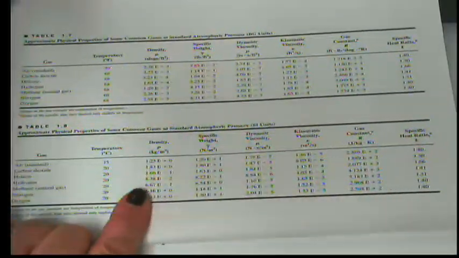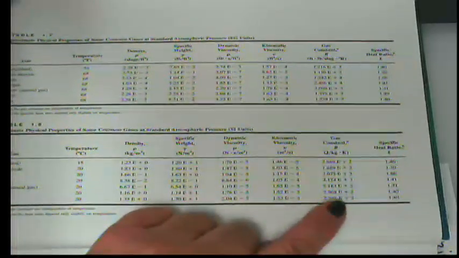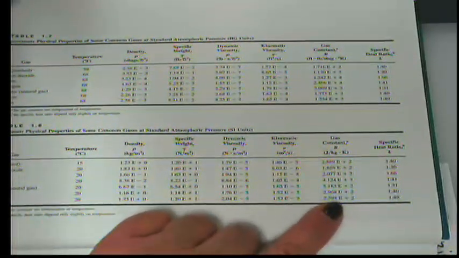All right, so turning to that page, we find some gas constants over here.